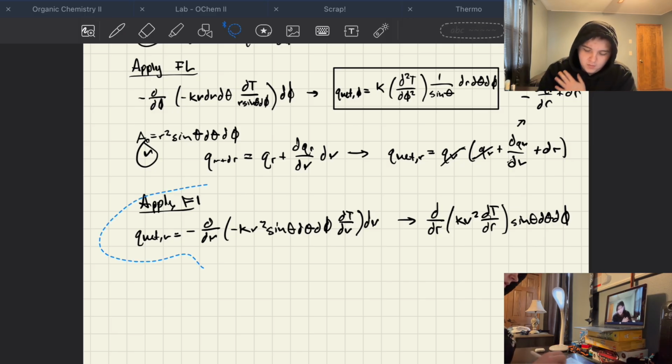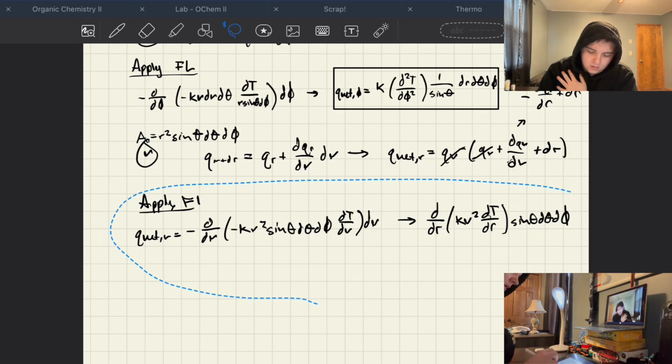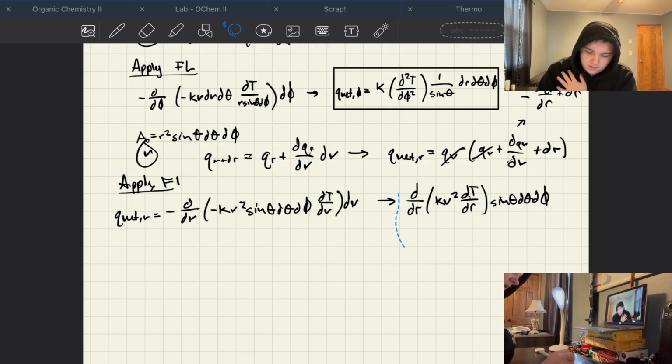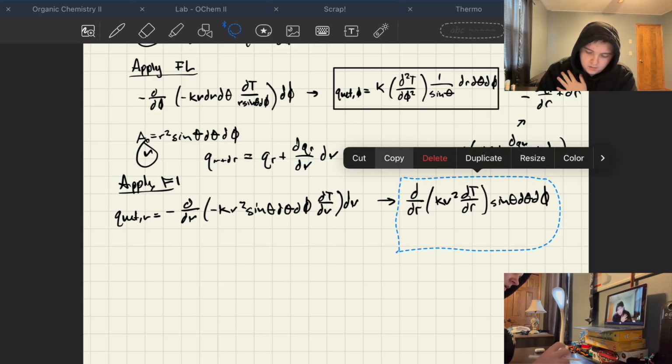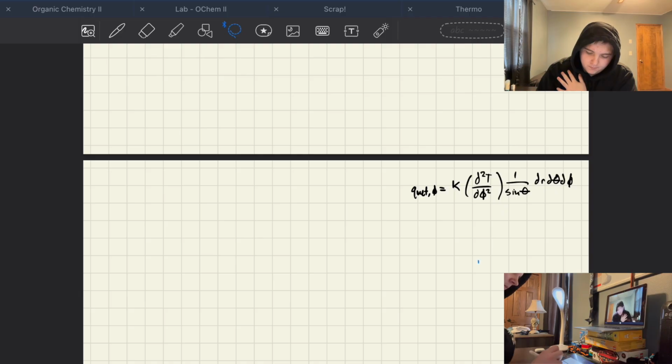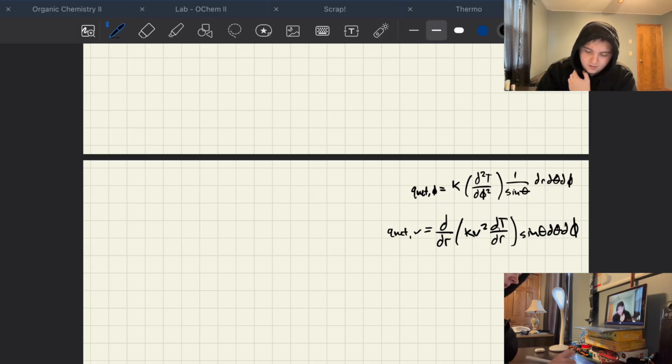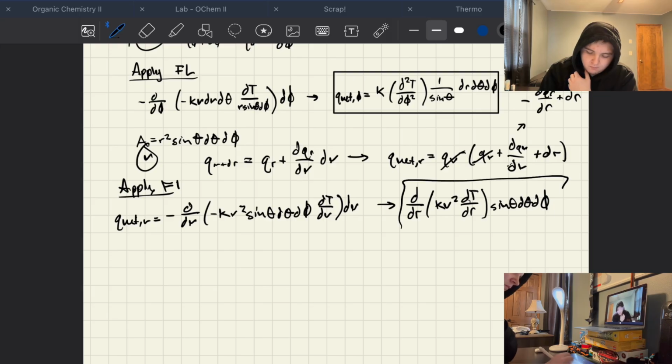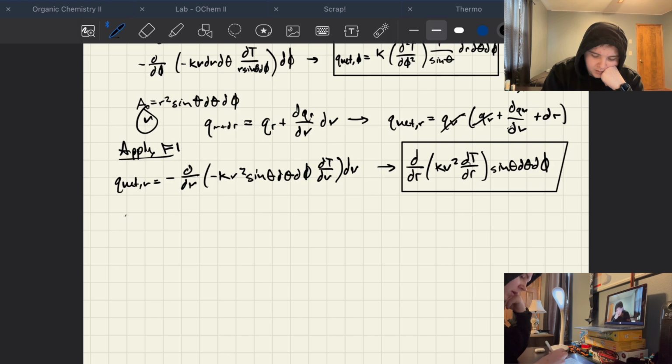Let me move this up so I have room, copy this down, and then box it. Okay. Finally, we'll do theta.